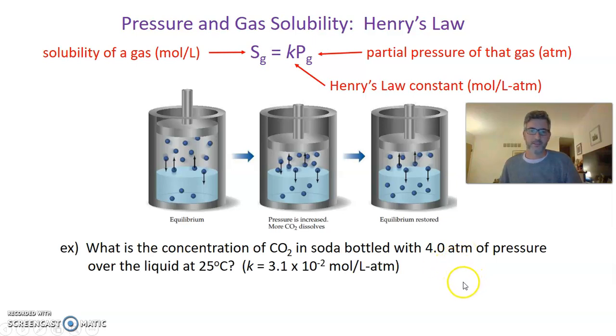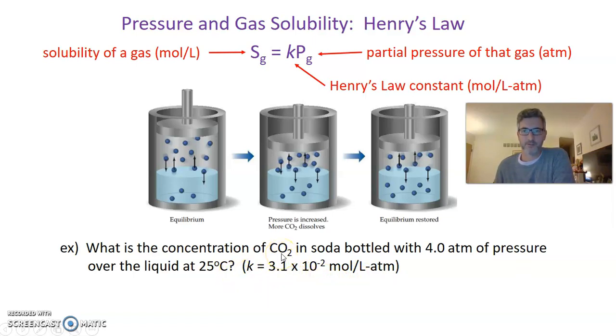Okay, so let's take a look at this question. What is the concentration of CO2 in soda bottled with 4 atmospheres of pressure over the liquid at 25 degrees Celsius? And the Henry's law constant is 3.1 times 10 to the minus 2 moles per liter atmospheres. And again, that value is specific to this temperature.